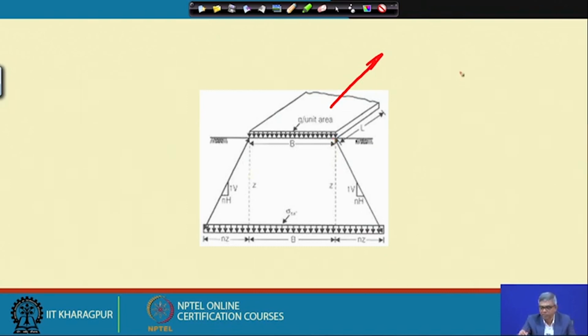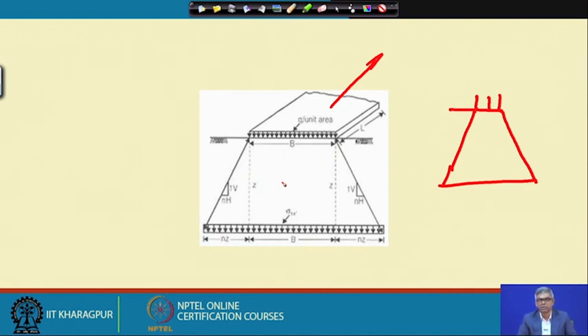If I apply load here, this much area will be dispersed over depth like this. When the soil is stronger, dispersion will be more, but when the soil is weak, then dispersion will be less.